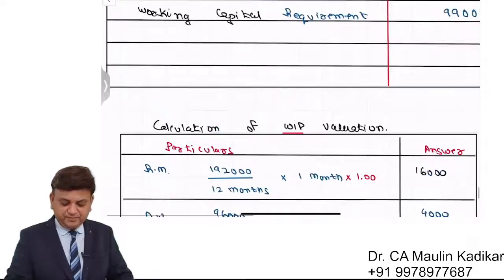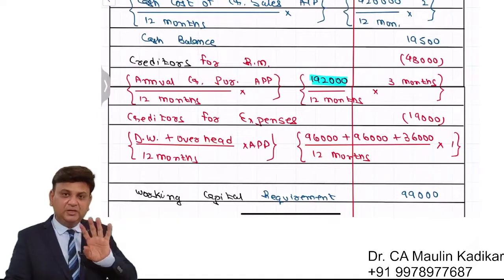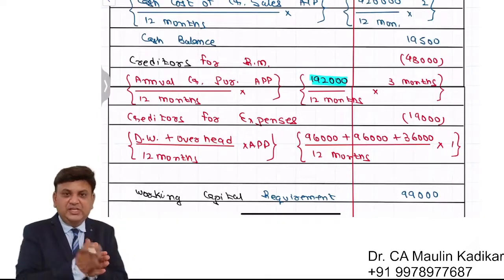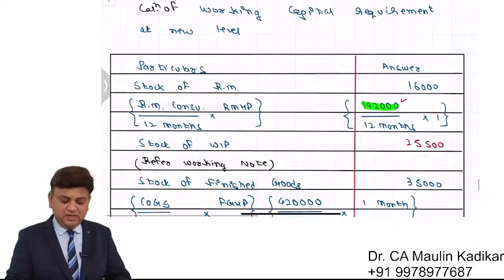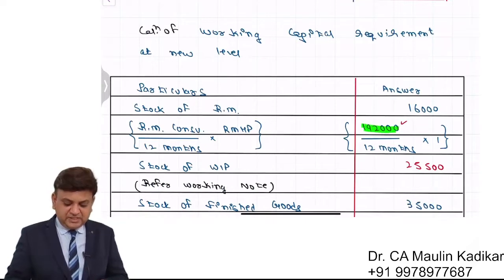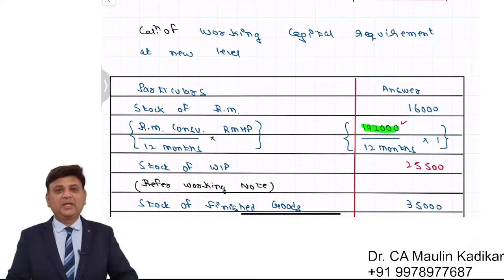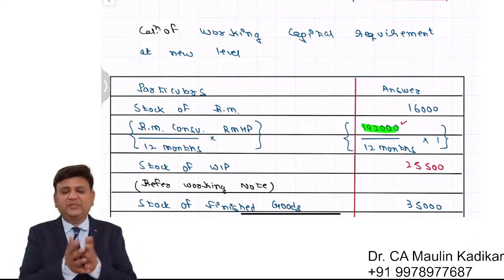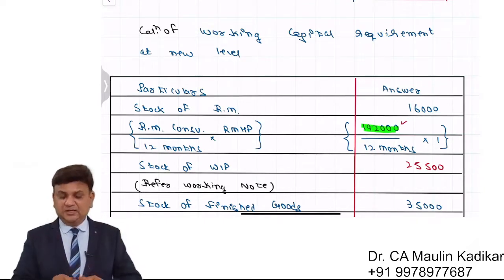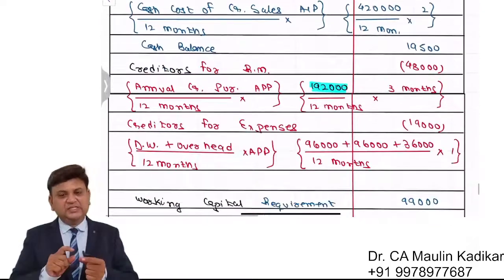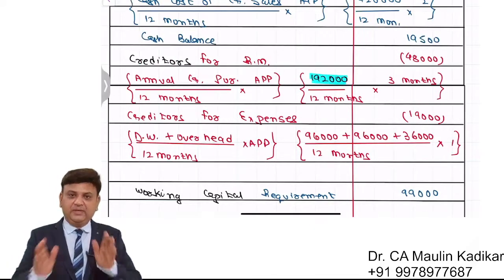I agree with all of you that during this transitional period, when you are changing the activity level, we would have production more than sales and purchase greater than consumption, but this is only for a temporary purpose. Beyond a point, from the second year itself onwards, it will not happen like this. That is the reason we are ignoring these temporary changes and calculating the working capital requirement over a long period of time.